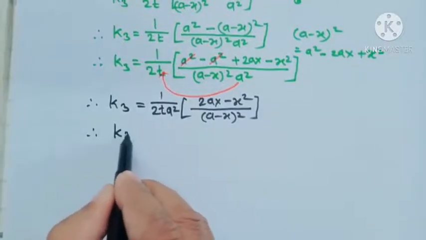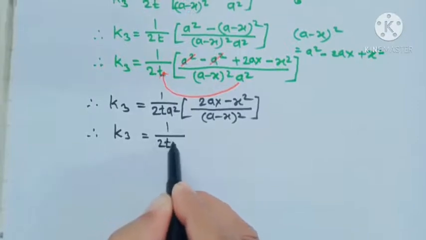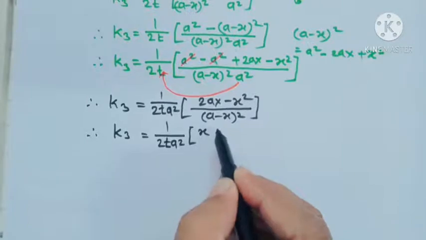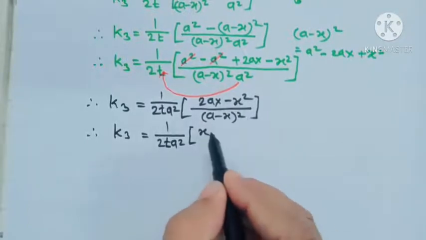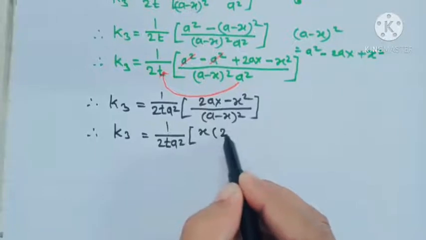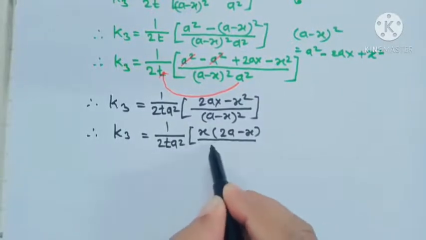Therefore K3 is equal to 1 upon twice t a square multiplied by x taken common, into twice a minus x upon a minus x square.